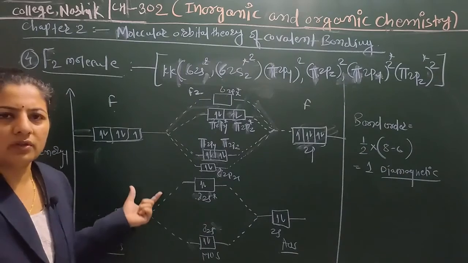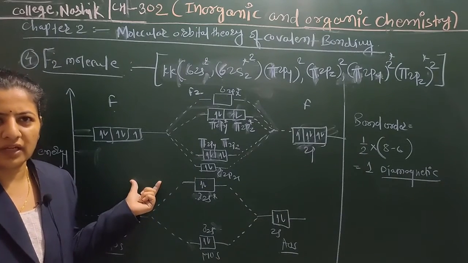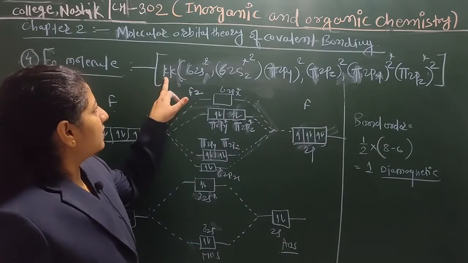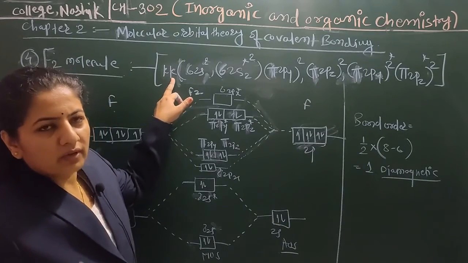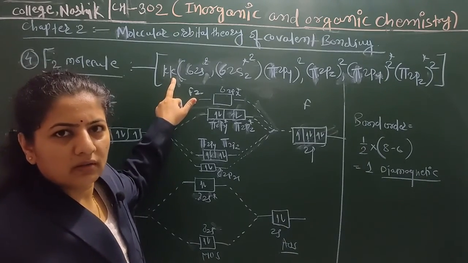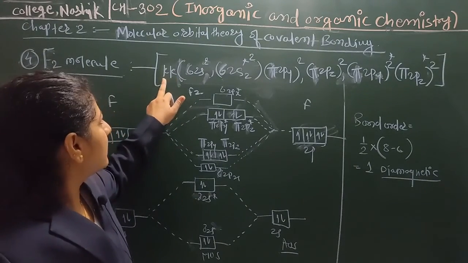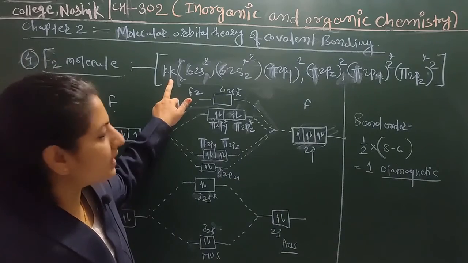For F2, the 1s orbital does not take part in bonding, so we cannot write it here. Instead we take 2K, meaning 1s for one fluorine and 1s for the other fluorine. That's why we write the letter K two times.